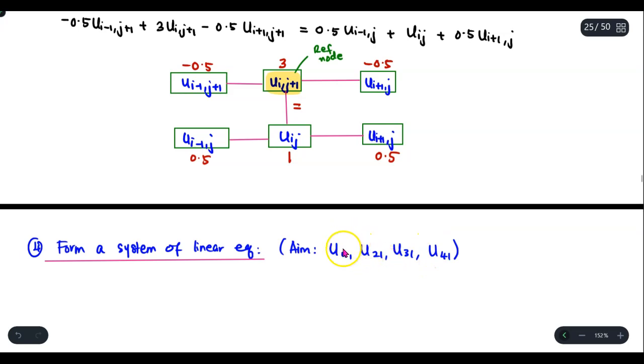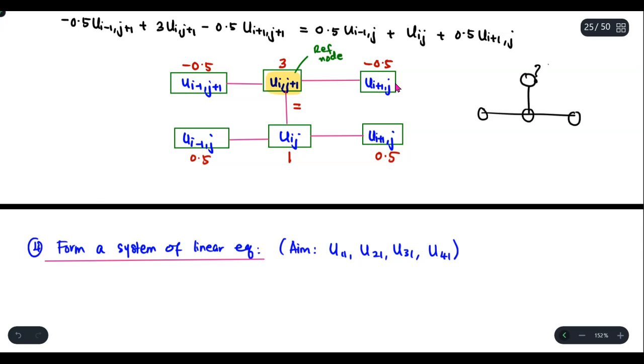Okay, so somehow we will end up with a system of linear equations, because we can see from this expression, in order for you to get u11, for example, it also involves the left and right node. So this is different from the explicit scheme. In the explicit scheme, you have this kind of molecule diagram where this is what you want to get.